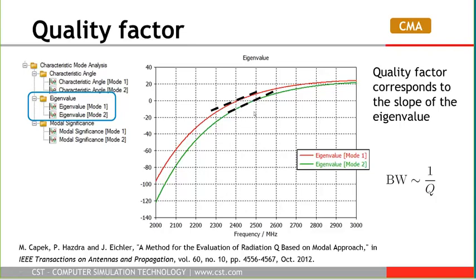These two modes I display have more or less the same quality factor. If you would like to learn more about modal quality factors, you should check this article from Miloslav Čapek from 2012, which is mentioned below.